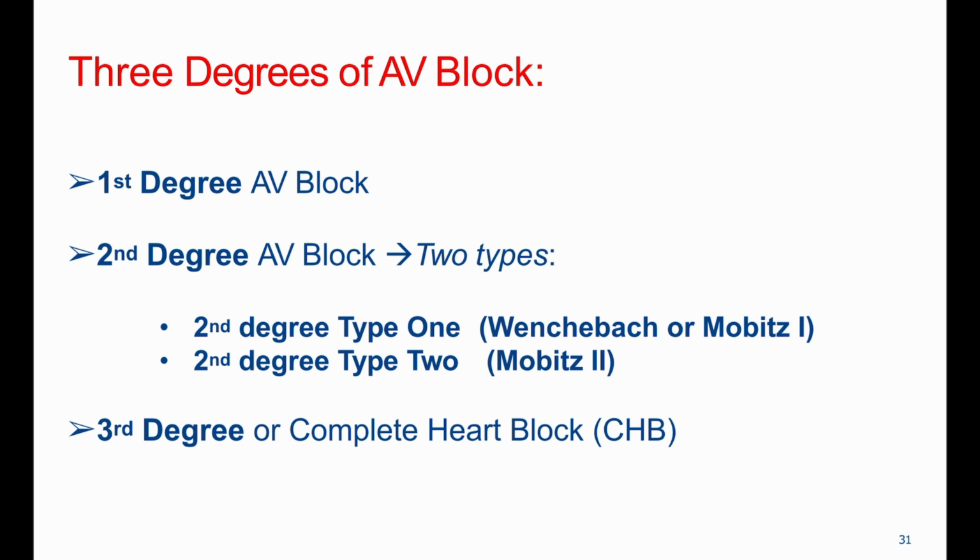Second degree block is classified into two types. The first is second degree type 1, also called Wenckebach or Mobitz 1. The second is second degree type 2, Mobitz 2. And the final one is third degree or complete heart block.